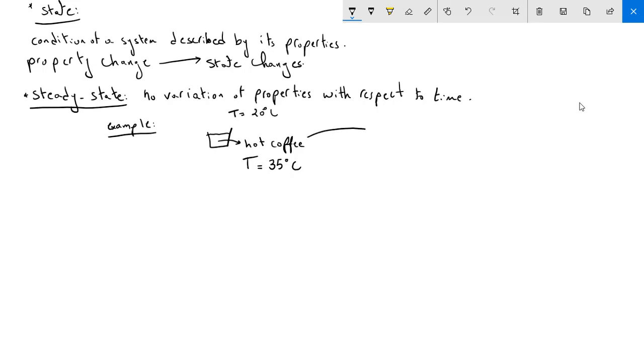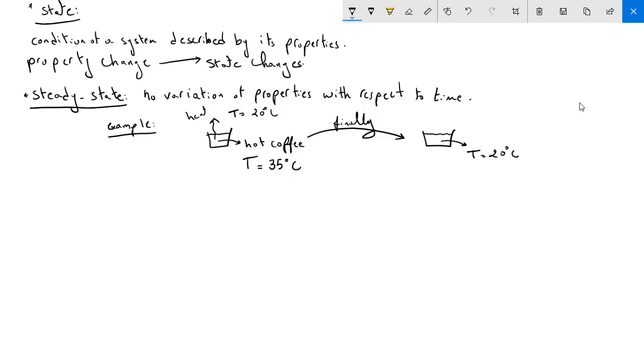If we leave the coffee cup for some duration, it will finally reach the same temperature as the surroundings, T equal to 20 degrees Celsius. In this process, the hot coffee loses heat to the surroundings, because there is a temperature difference from the hot body to the cold body.